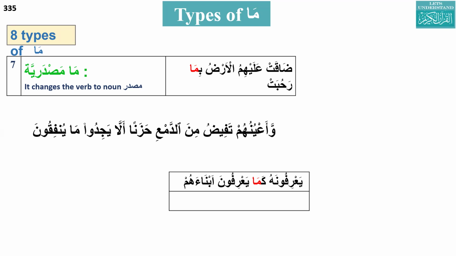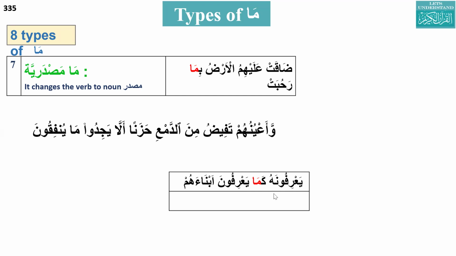And this type of masdar is basically called an interpreted masdar, masdar mu'awwal. Actually, it is not a masdar, but we just interpret it. Awwala yu'awwilu ta'wil. Ta'wil means interpretation.